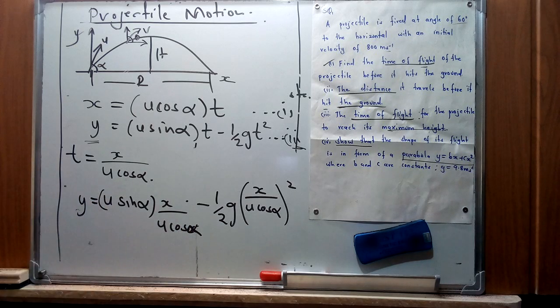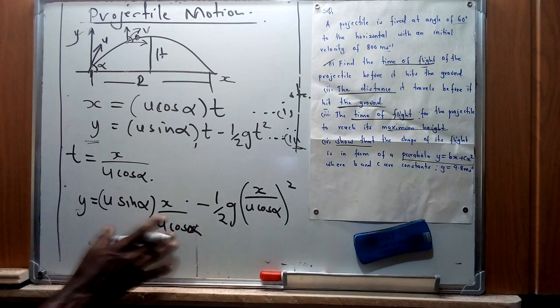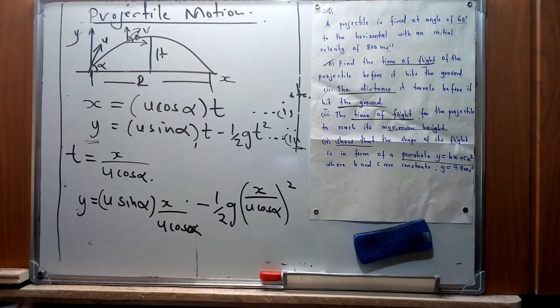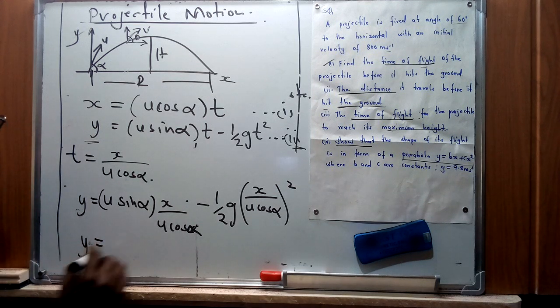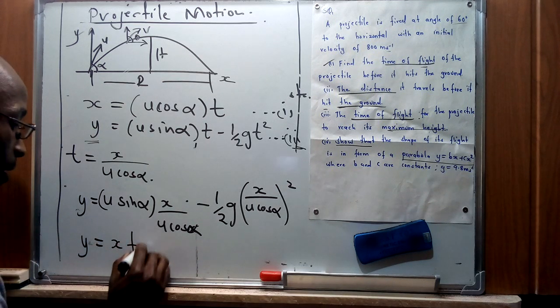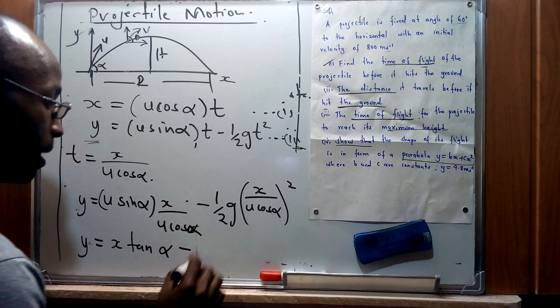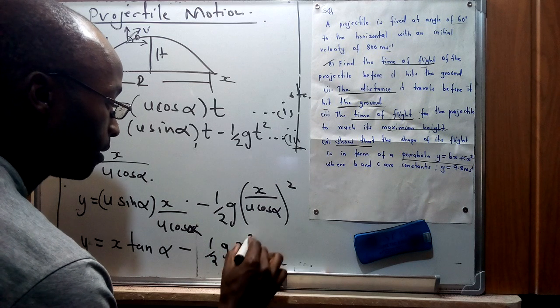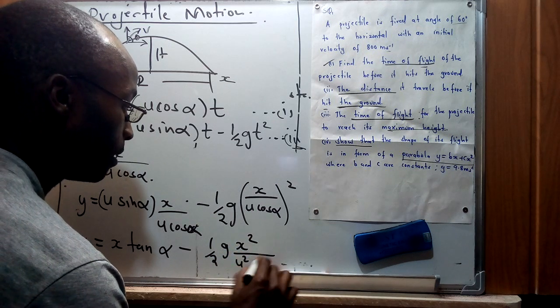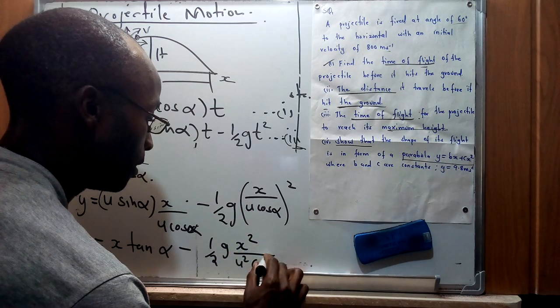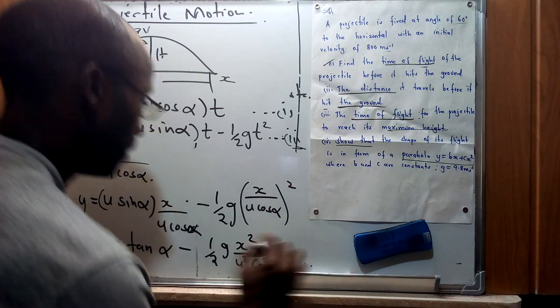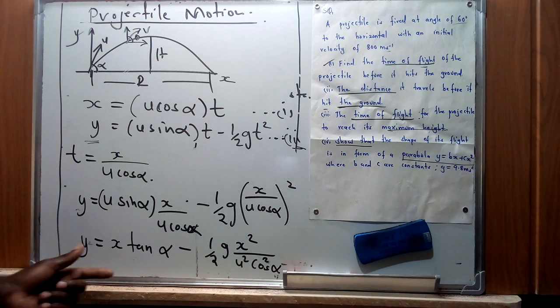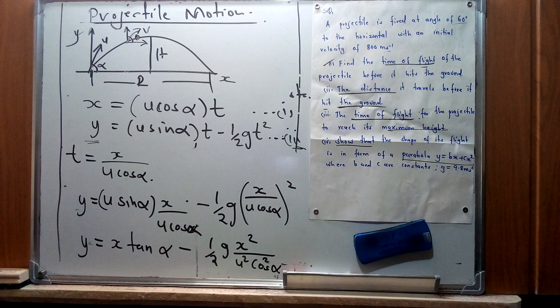And from the trigonometric ratios, we know that sine over cosine is going to give us tan. So therefore, we can write this as y equals x tan alpha minus a half g x squared over u squared cosine squared alpha. So this last part of the equation gives us a final form for the representation of the travel path for this projectile.